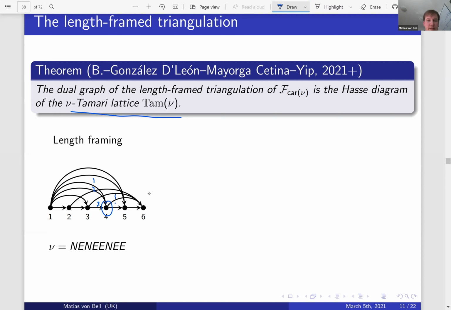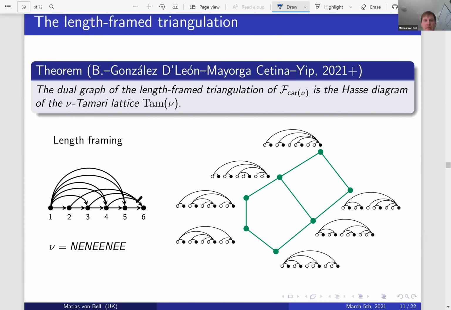And the outgoing edges, the longest one is on top. The length, we can think of it as the difference between the endpoints of an edge. When there are multiple edges, it really doesn't matter which one you label how. But anyway, with this framing, we obtain a triangulation whose dual structure is the nu-Tamari lattice.